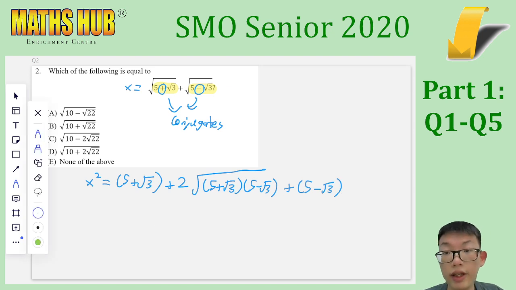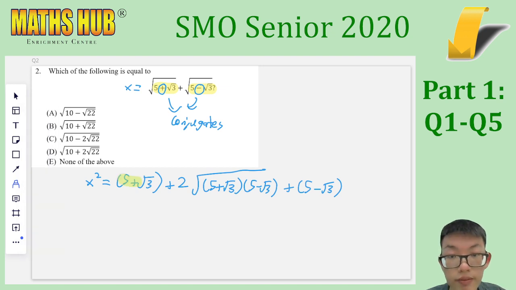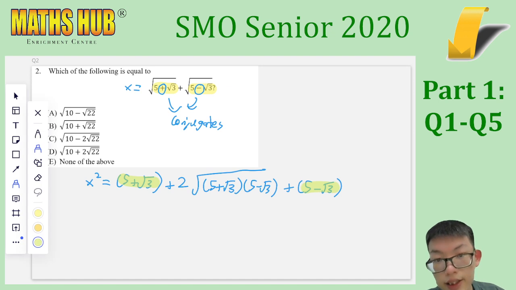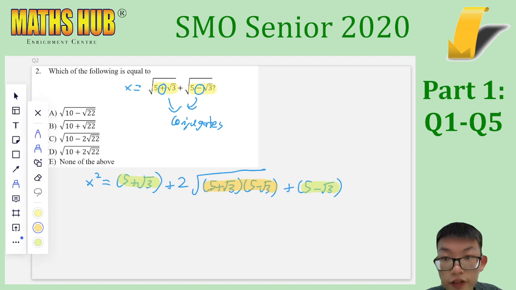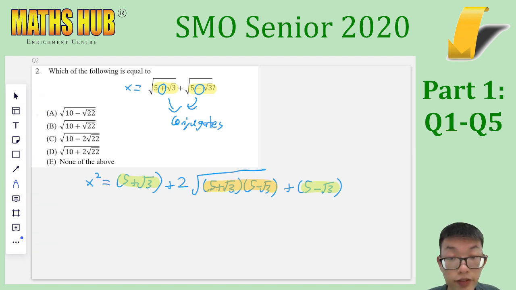And here we get what we mentioned a moment ago, which is that you have the sum of the conjugates appearing on the left and right side, and you have the product of the conjugates appearing in the middle. Both of these are things we are fairly happy with.